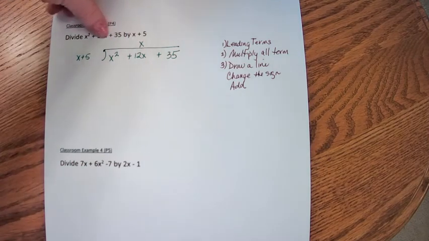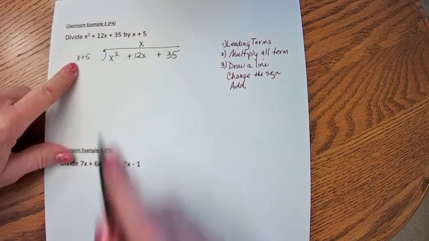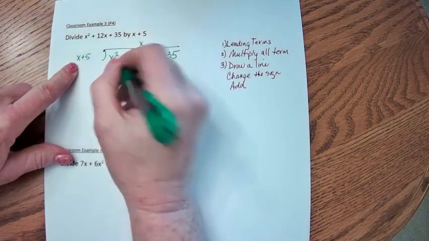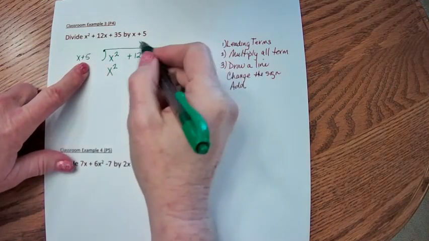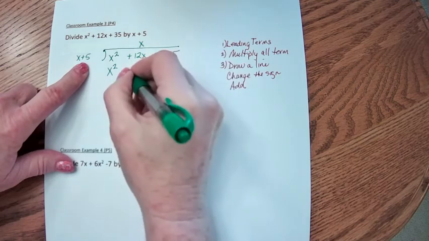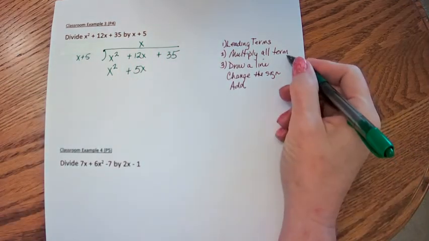Now I'm going to multiply everything on the outside, all these terms, by x. X times x is x squared. Put that in the x squared column. Now we move over. X times 5 is a 5x. That was step number 2.